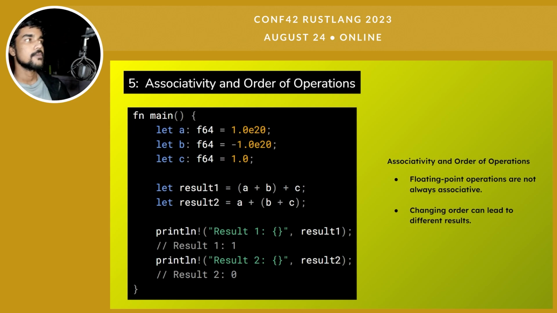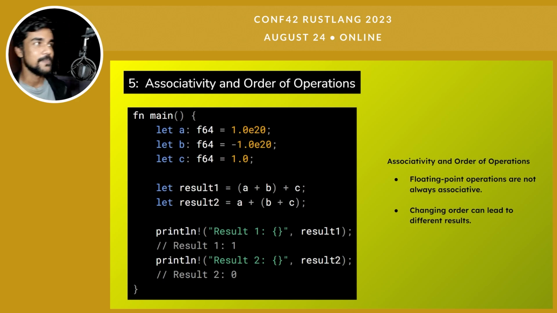Now, coming to associativity, the issue of associativity and the order of operations. This is quite interesting. Most of us are quite aware of the rule of commutativity for summation and multiplication. Most of us might not notice the difference here, that for result 1 and result 2, the output must be the same, right?